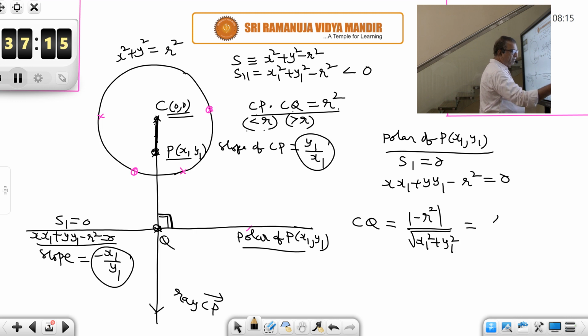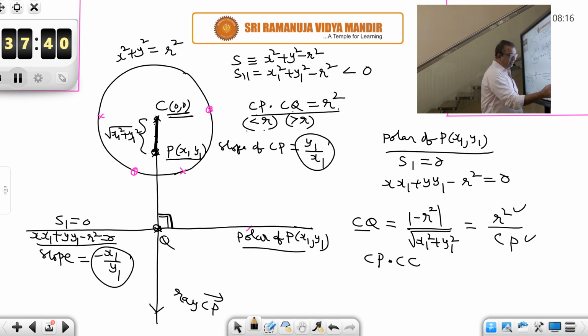So r square by root of x1 square plus y1 square is what? Is it not CP? In the diagram you see, distance between origin and (x1, y1) is root of x1 square plus y1 square, so it is nothing but CP. So denominator I can write CP. So CQ is equal to r square by CP. Cross multiplying you get CP into CQ is equal to r square.